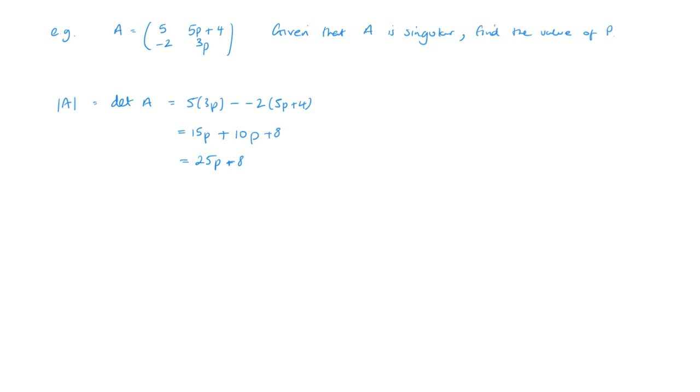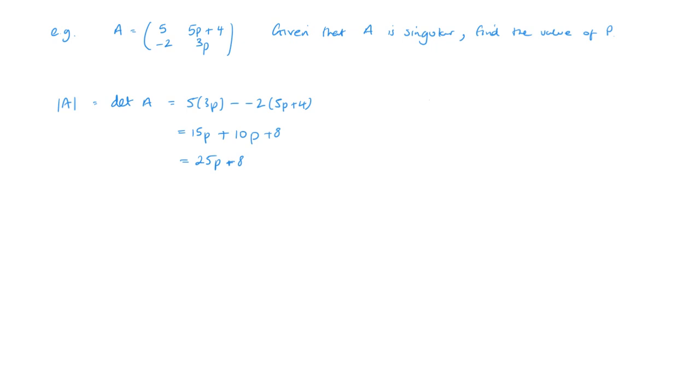Now, how do we go about solving this problem? So it says given that A is singular. Now, we haven't got onto this yet. This is the next video, as it so happens. But to find the inverse of a matrix, we need the determinant. Now, when a matrix has no inverse, the determinant is 0.